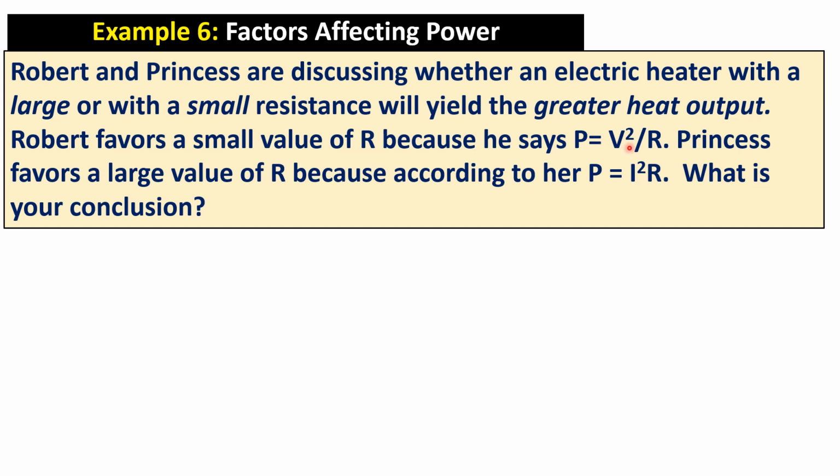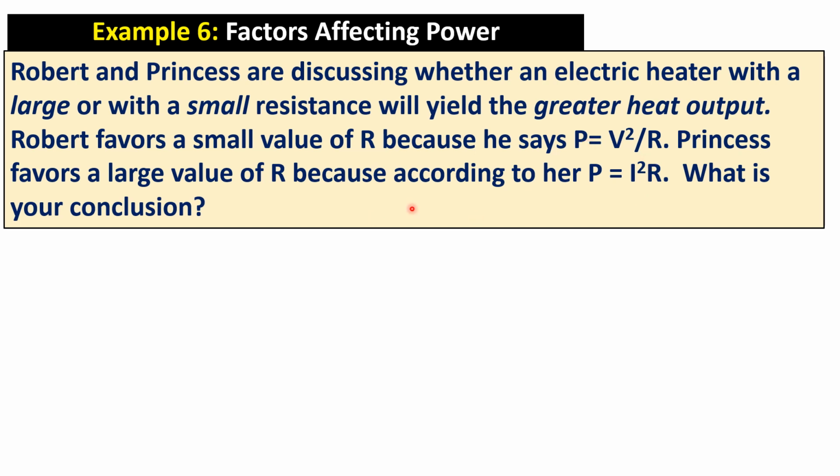According to this formula, at a glance, P is inversely proportional to R. So that's the reason why Robert thinks that the smaller the value of R, the greater the amount of heat produced per unit time. All right, power.